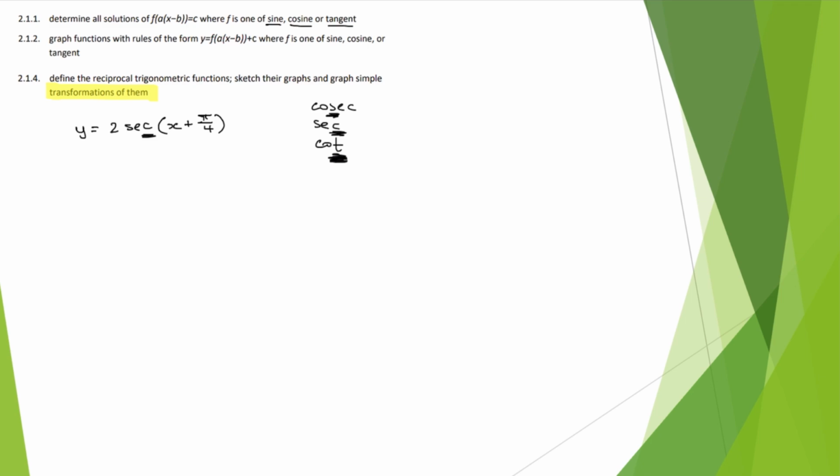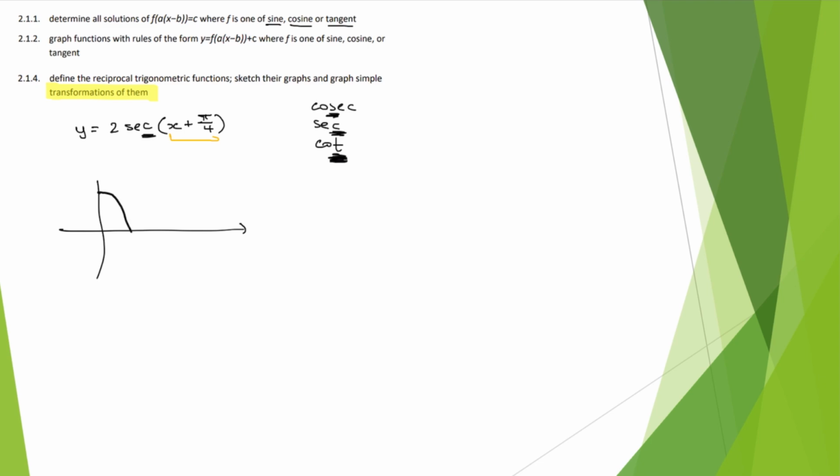So returning back to this, within the brackets, it's easiest to apply the transformation to the basic trigonometric function. So in this case, if I'm looking at my function like this, and I have my cosine function like that, it's easier to first apply this pi on 4 transformation to the cosine.